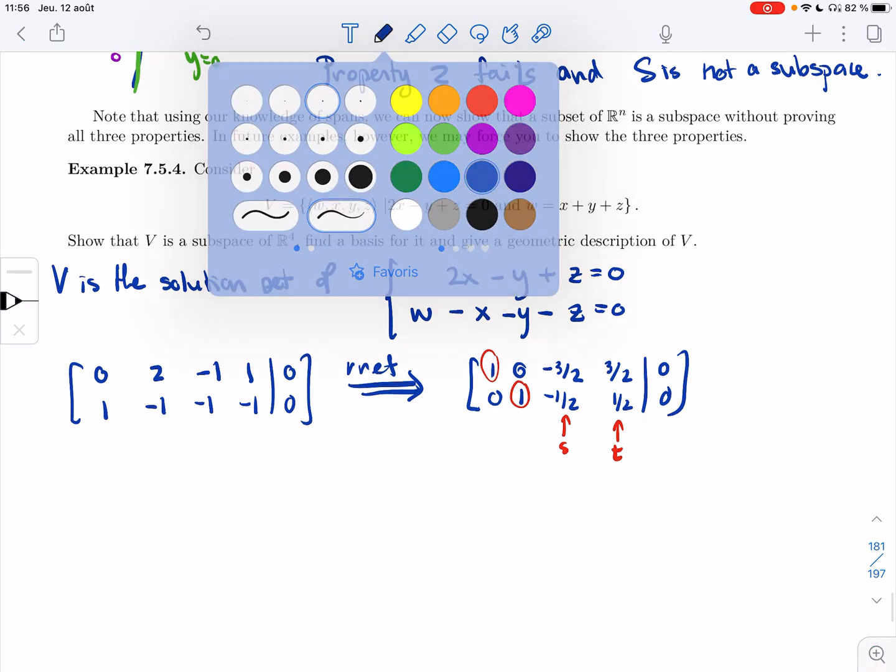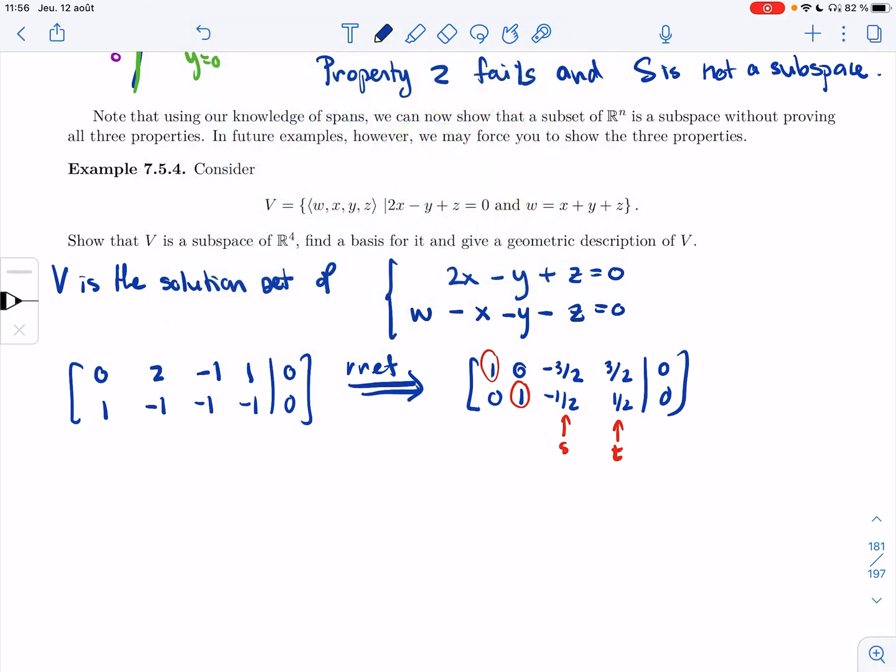And so I'm going to get, first was w. So w is 3 halves s minus 3 halves t. Then x is 1 half s minus 1 half t. y is s. z is t.